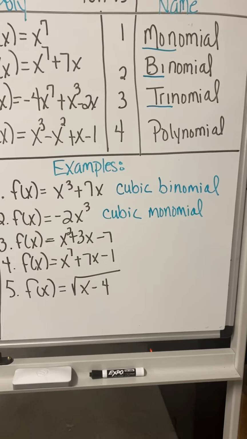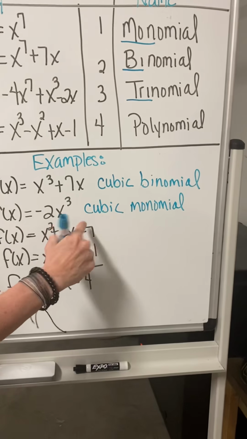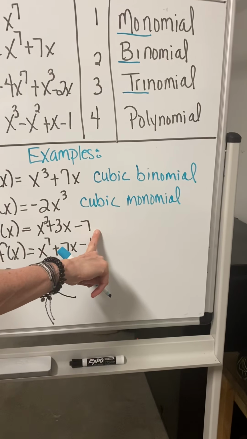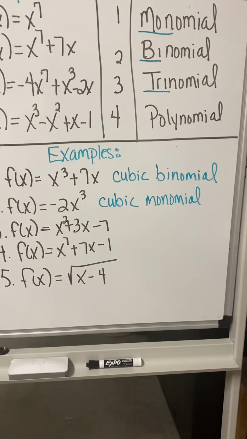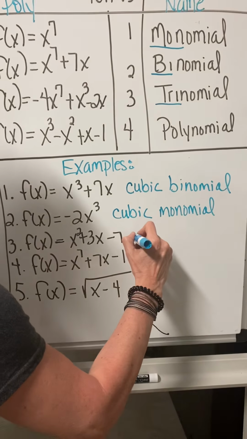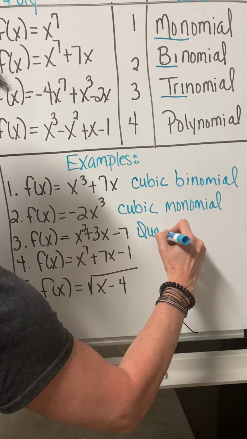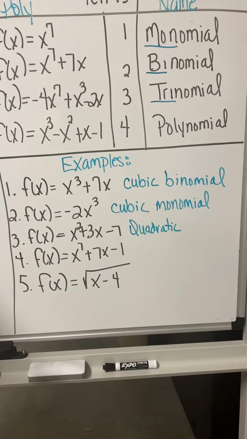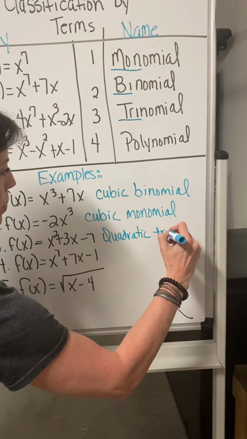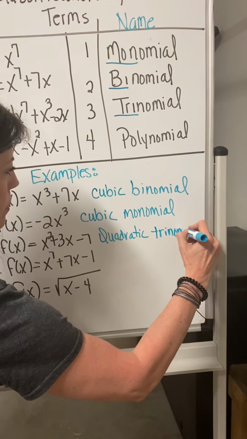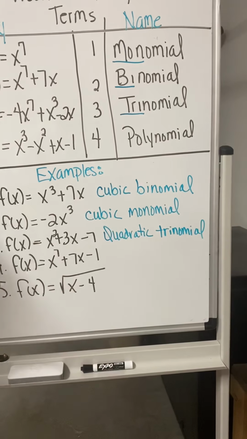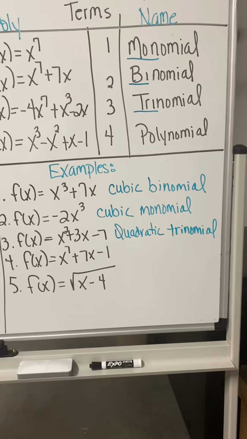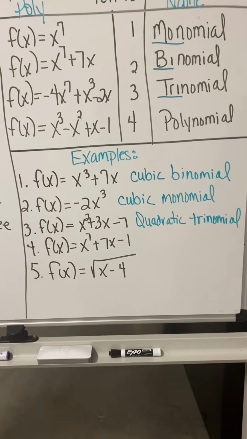The next one, your highest exponent is 2, because this has an exponent of 1, and that would have an exponent of 0. So since that has an exponent of 2, that's going to be a quadratic. And that has 3 terms, so it's going to be a trinomial. The next one, your highest exponent that you have is 7.